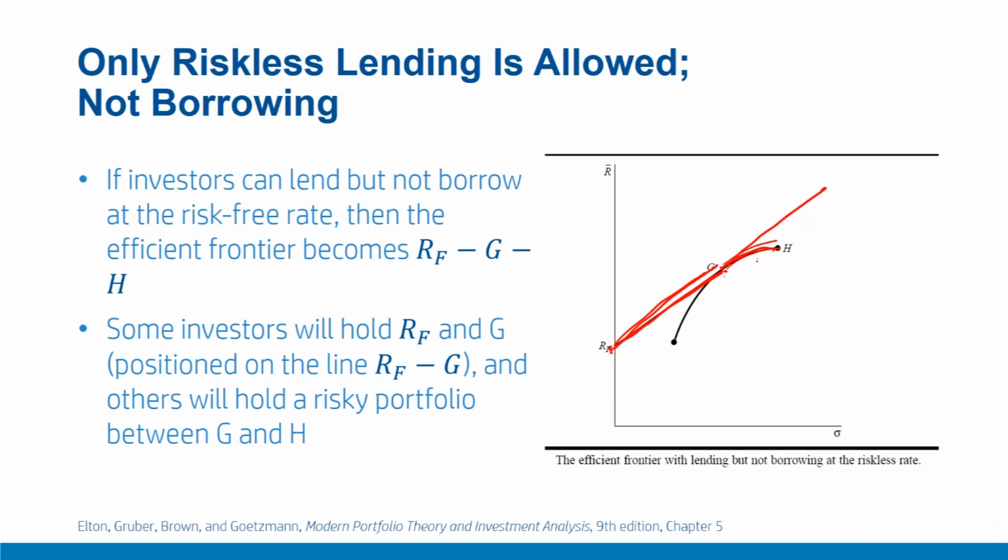So they are offering the highest return for any given risk level. Also, please note that in this case, we need to only identify two risky portfolios, G and H. So once you identify G and H, all the combinations of G and H would lie in between on this curve segment GH, since all the portfolios on the curve joining G and H can be obtained by combining G and H.